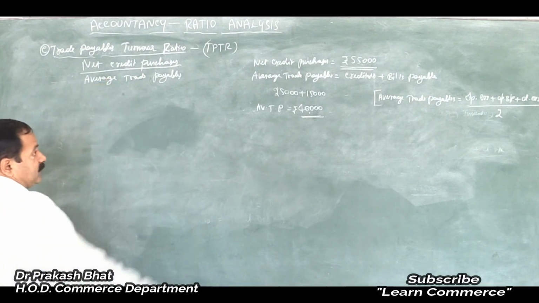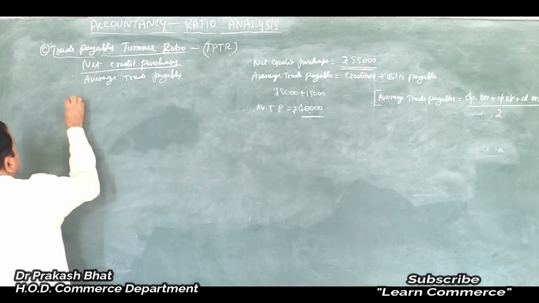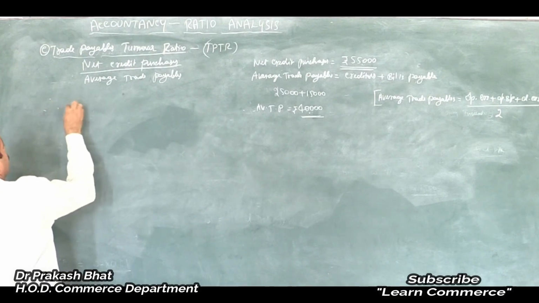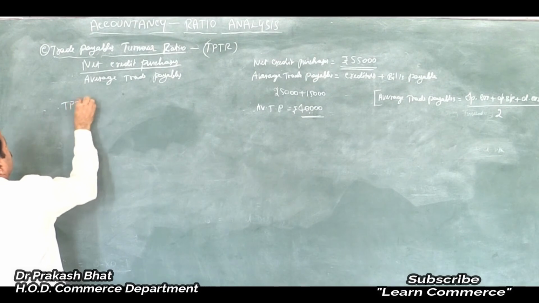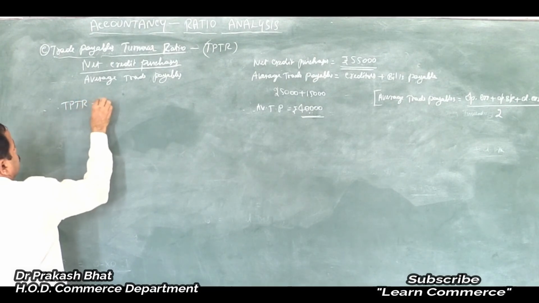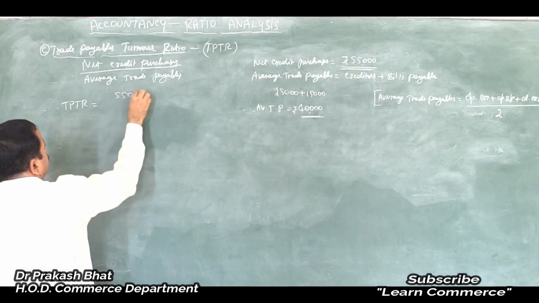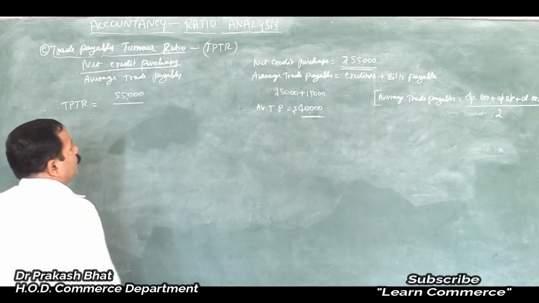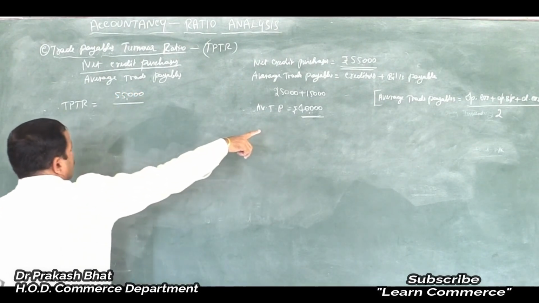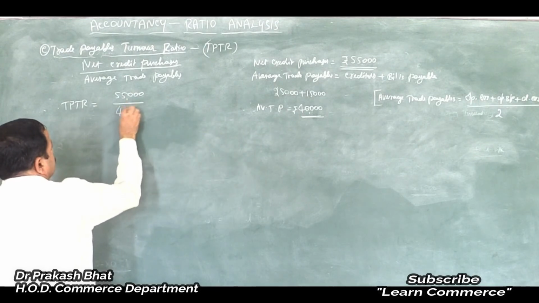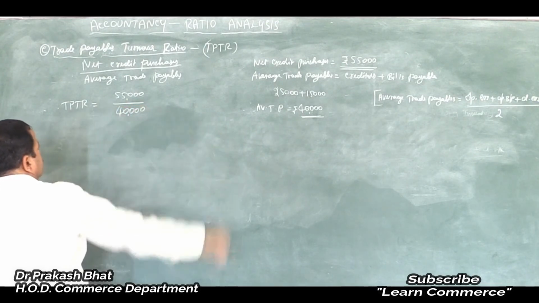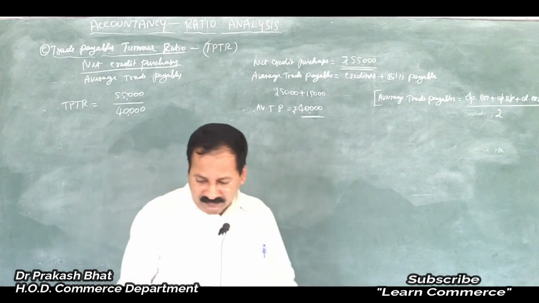Now net credit purchases 55,000, therefore TPTR, trade payables turnover ratio, is equal to 55,000 divided by, we have found out, average trade payables, isn't it? 40,000. Calculate, that itself is the ratio. How much it will come?